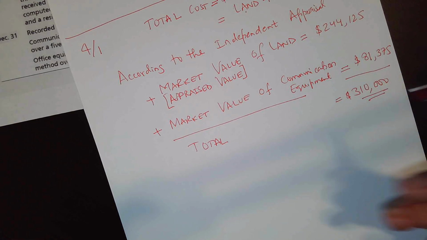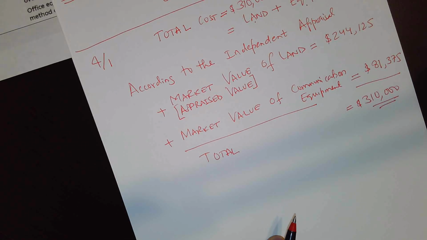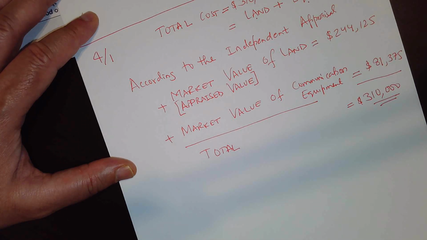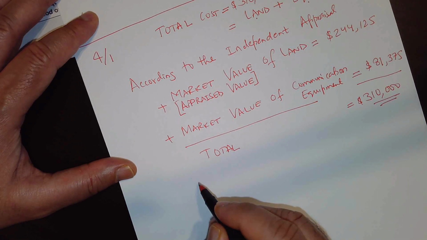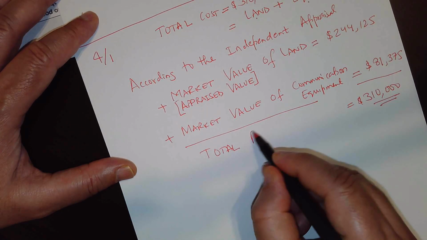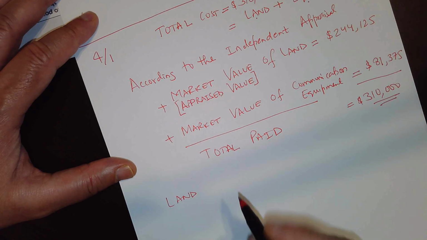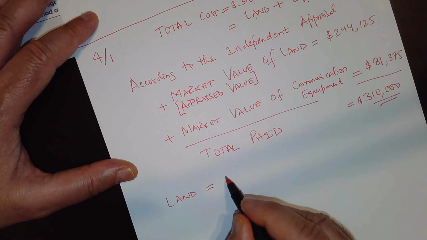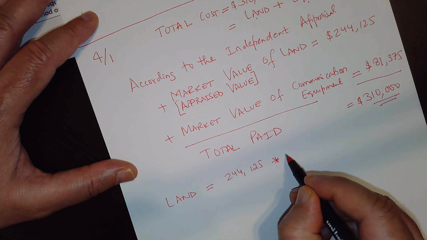We have to use the ratio of these values. Therefore, we take land over the total.